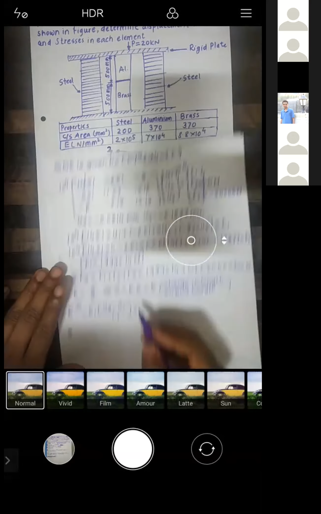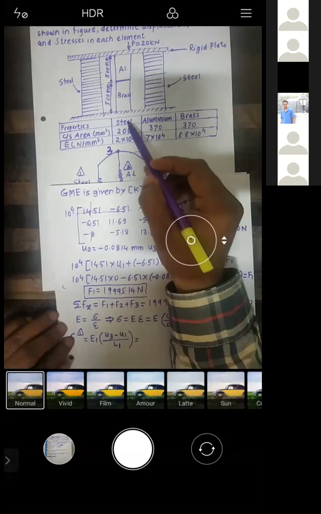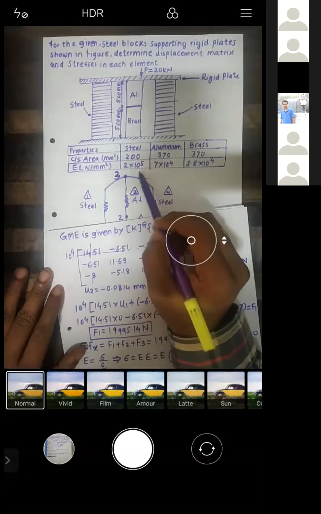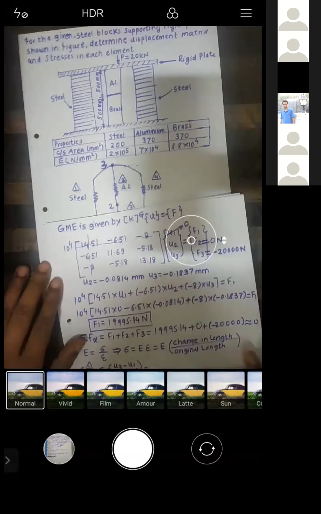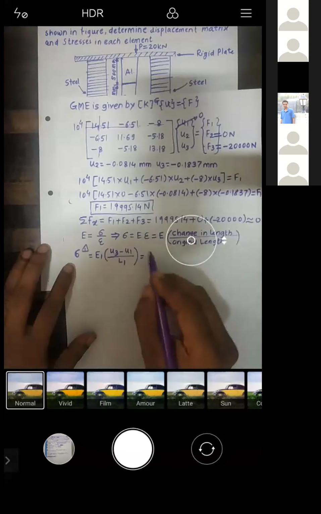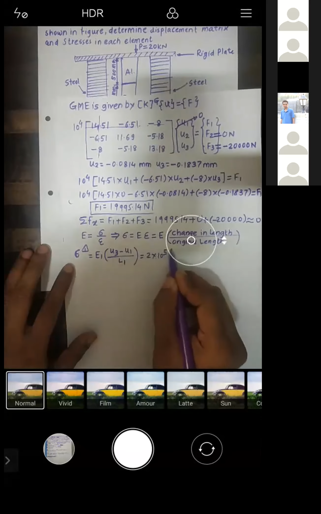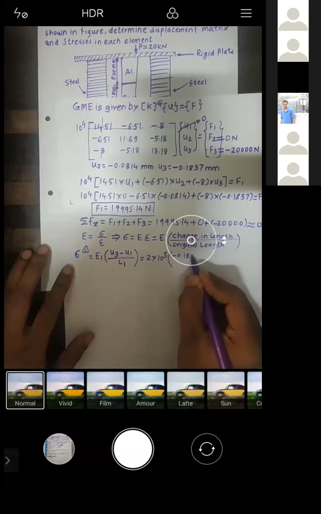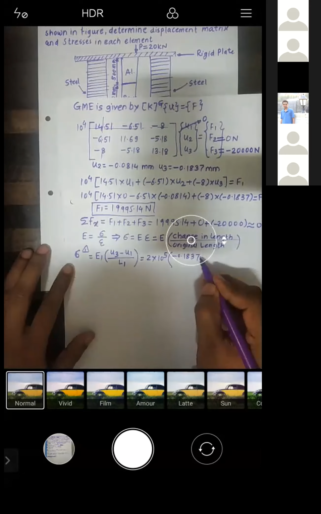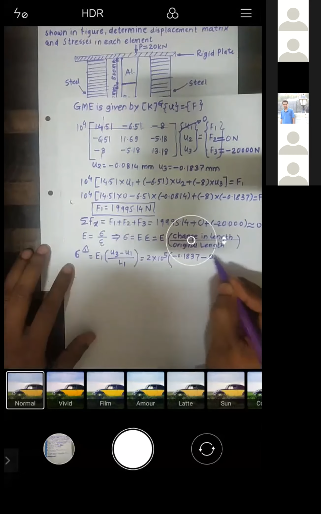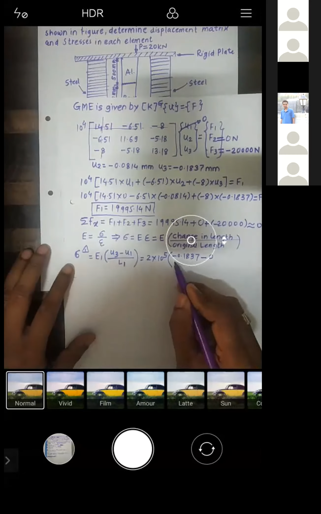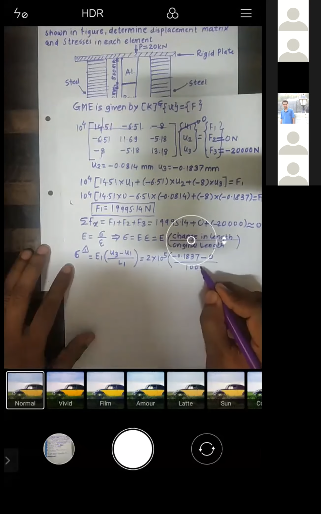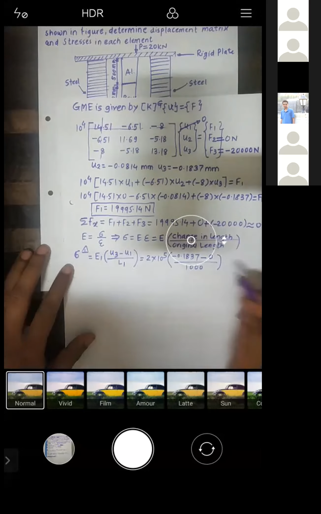So what is the value of stress in element number 1? It is steel. For steel, E is 2 into 10 to the power 5. U3 is minus 0.1837, minus U1, which is 0, upon L1. The length of element number 1 is 1000.